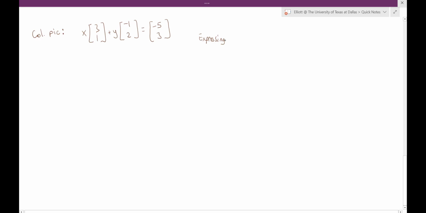So if you will, we're expressing the right-hand side as a linear combination of the columns in the system. And as noted earlier, the solution to this system was x is negative 1 and y is 2.